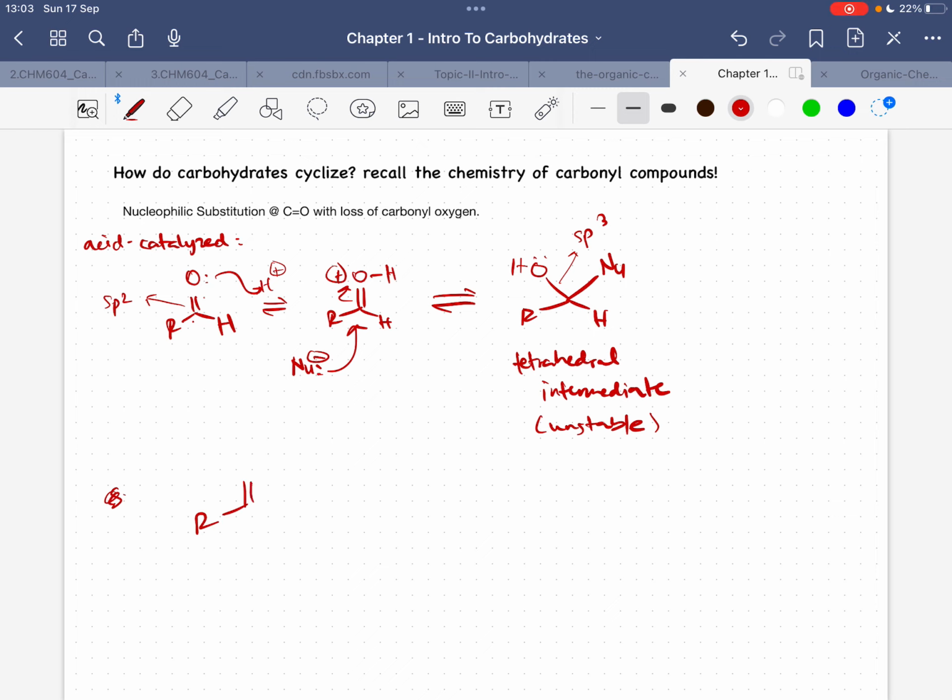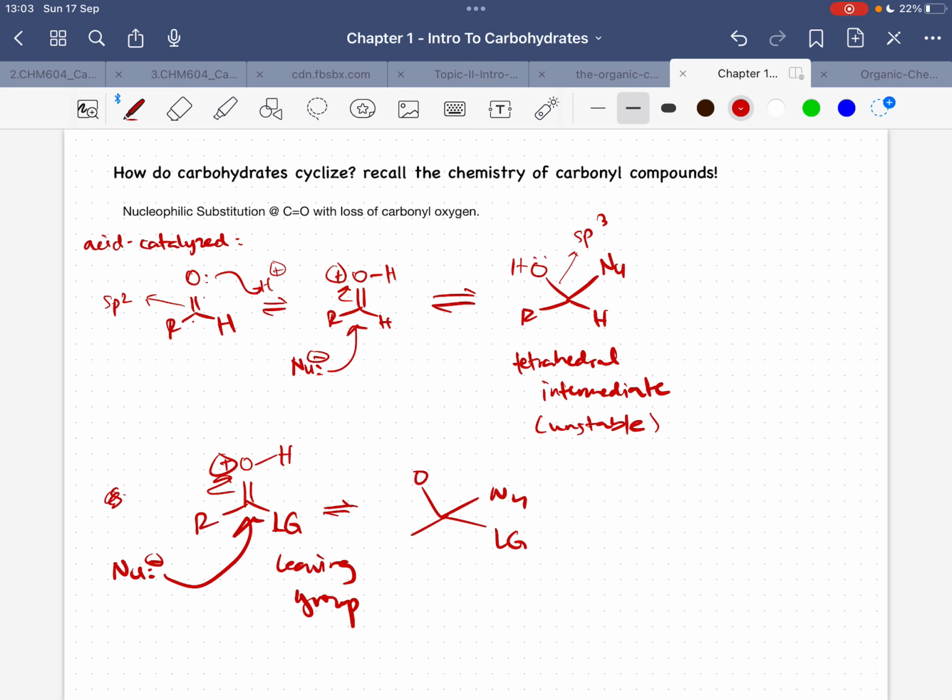Suppose that you have H leaving group. Okay. This is an activated form na sa carbonyl compound. Suppose you have a leaving group here. It's now a carbonyl derivative na leaving group. Okay? And when the nucleophile attacks, Lg is leaving group. It's nucleophile and then OH.